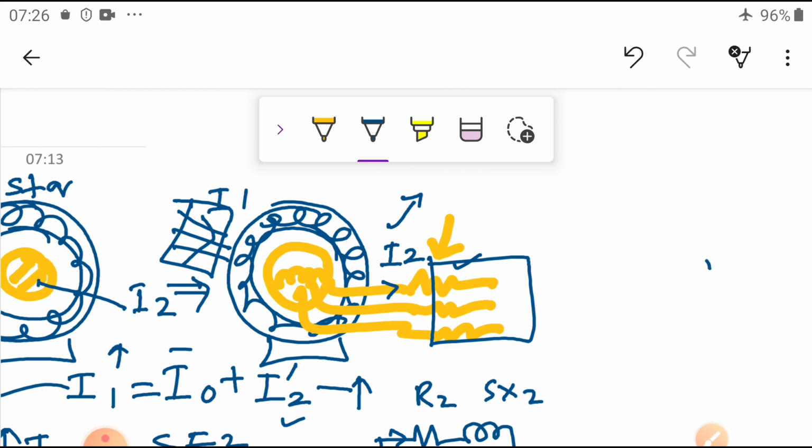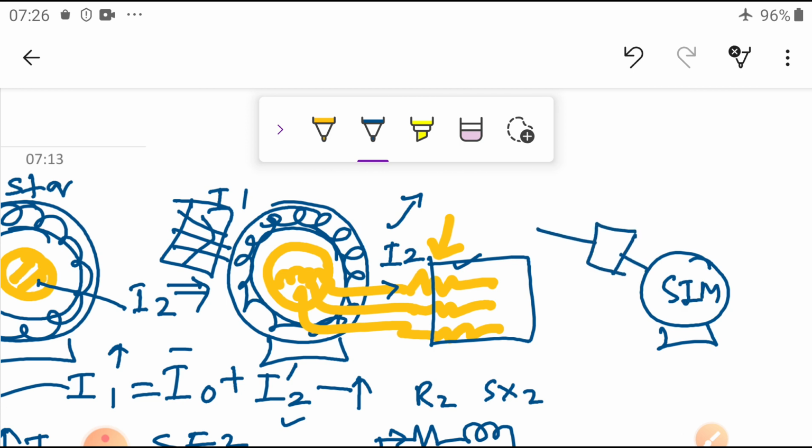Not only does this rotor resistance limit the starting current, it also helps to pick up the starting torque. This is a benefit of the slip ring induction motor.